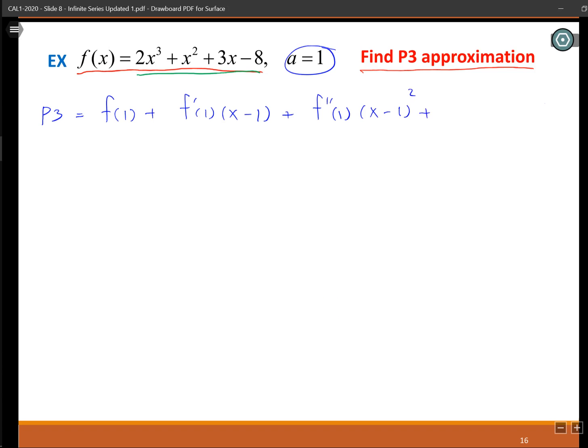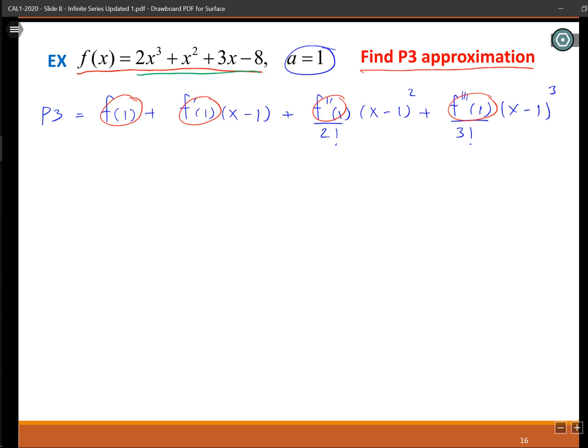And the last term would be the third derivative of f at 1, divided by 3 factorial. And we have this x minus 1 to the power of 3. Okay, and as you know, all we need to do is to find this value, this one, and this one, and it's mostly done, alright?